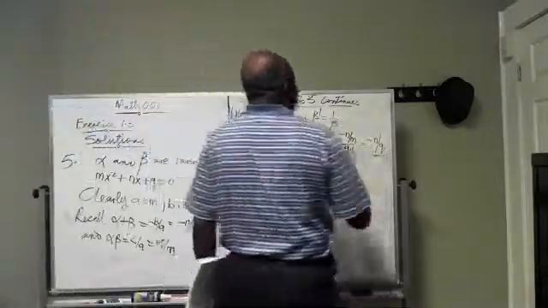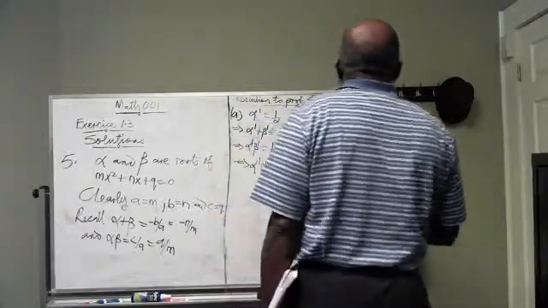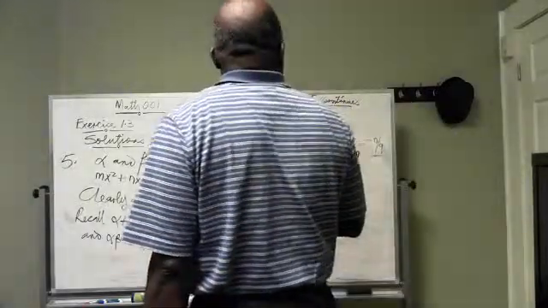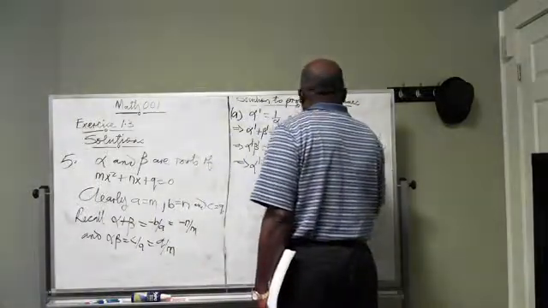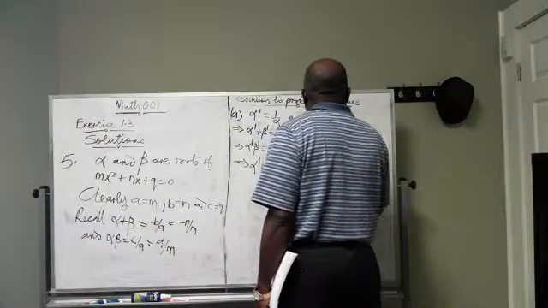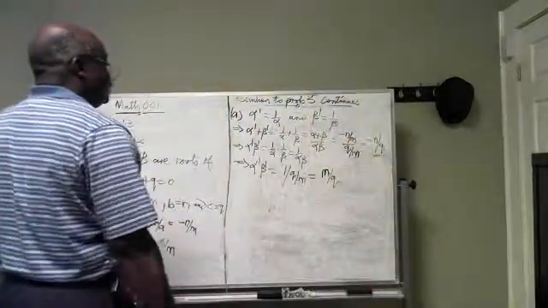And this is supposed to be q over m. Yeah, that cancels itself. So this is supposed to be m over q. So that's all right now.